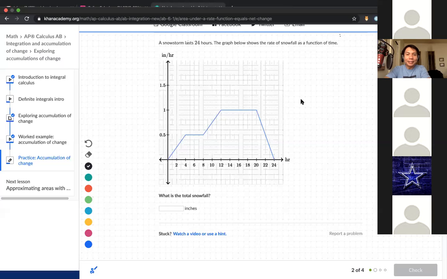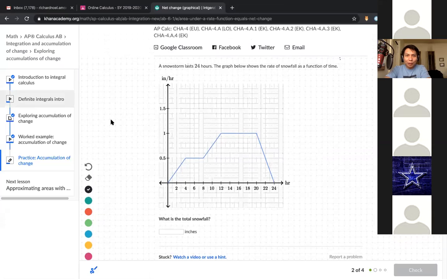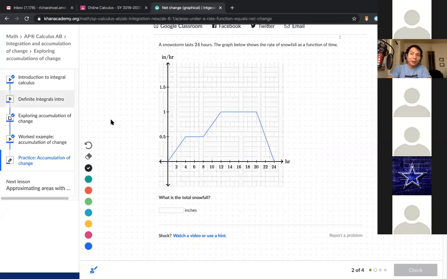Okay, guys, can you see my screen? Yes. Okay, so this is going to be your assignment for the week. Let me try to explain what this graph is all about.